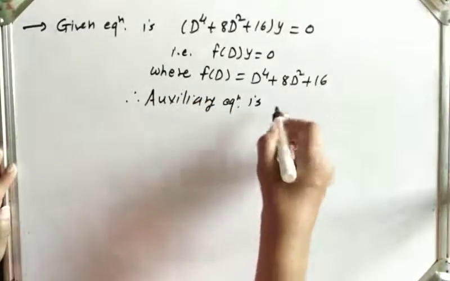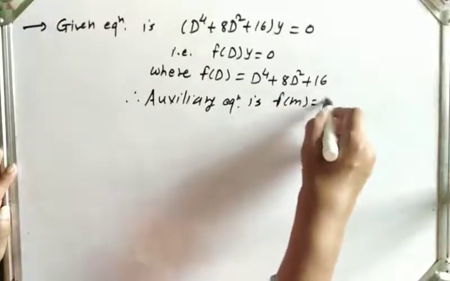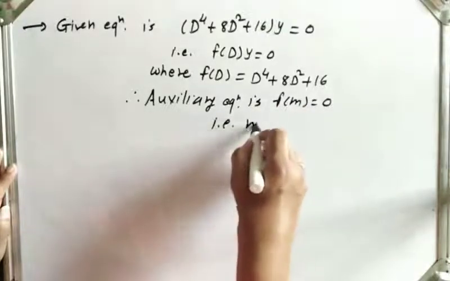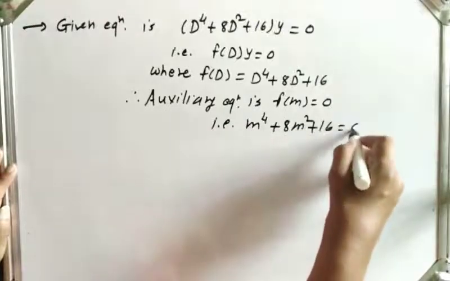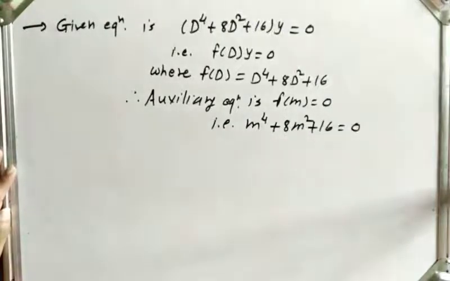f of m is equal to 0, that is m raised to 4 plus 8m square plus 16 is equal to 0. This is auxiliary equation.